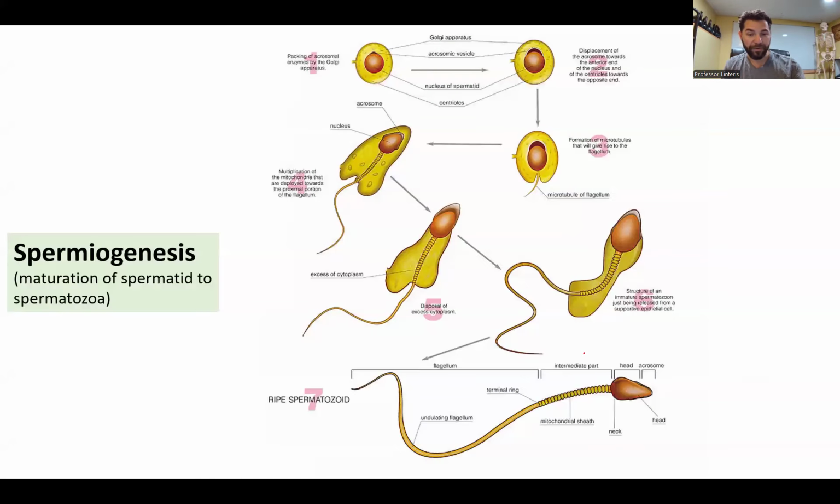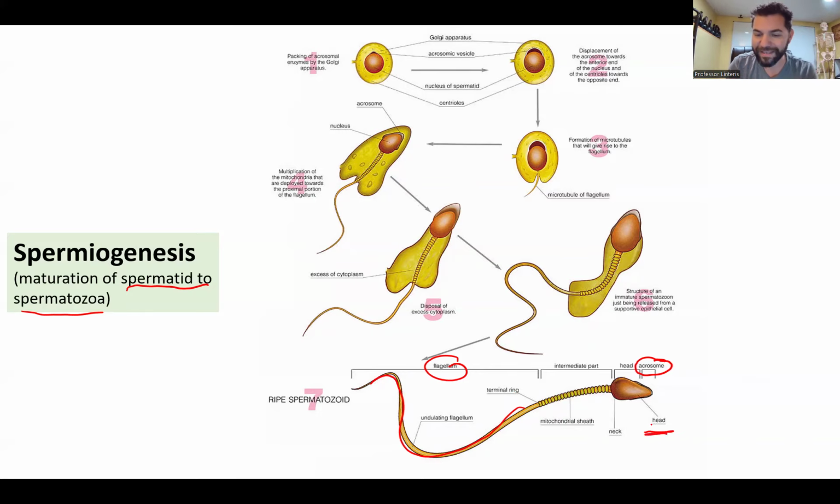So here we look at the process of spermiogenesis, right? And this is the maturation of that spermatid to a spermatozoa. And you can see a couple key things here. One, acrosome, right? We have a flagellum, which is the tail that allows for motility and swimming of the sperm.